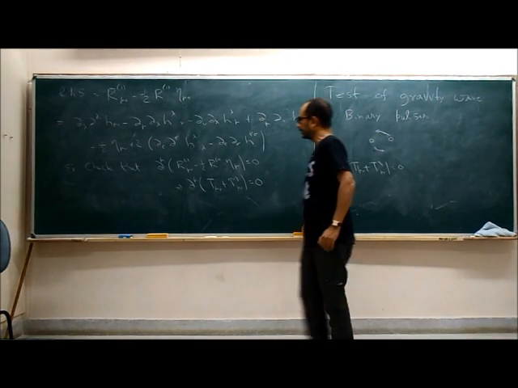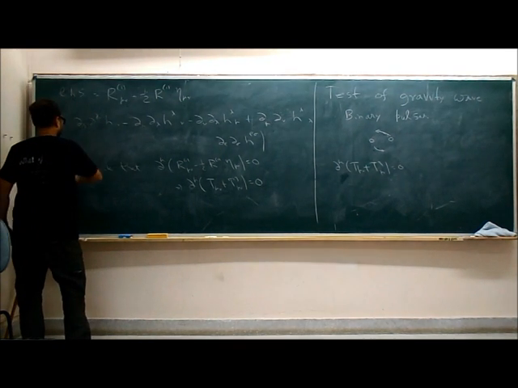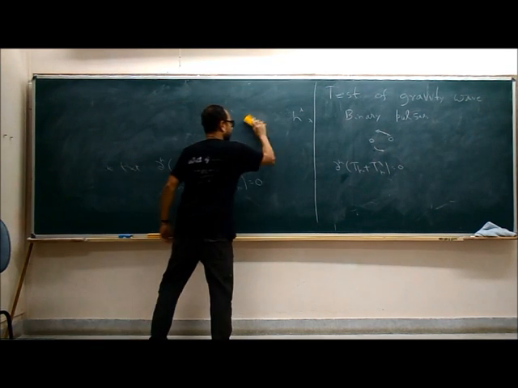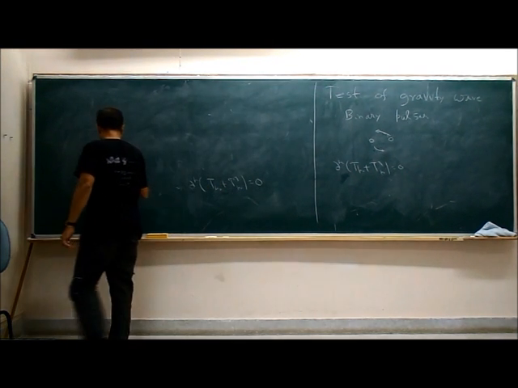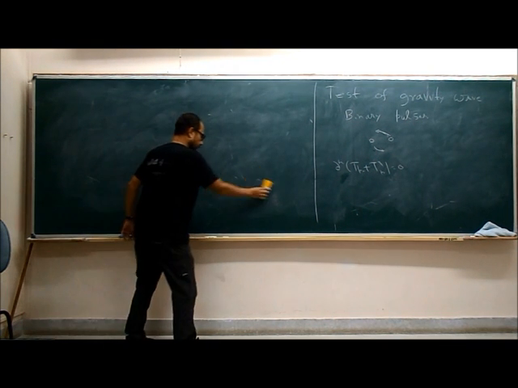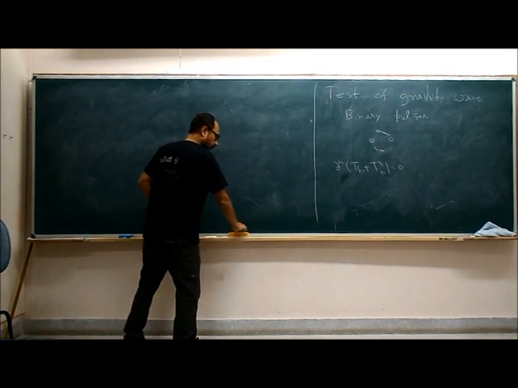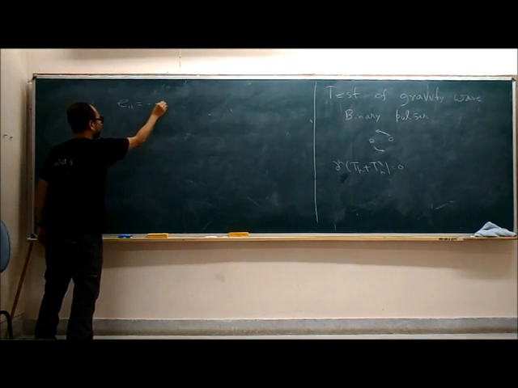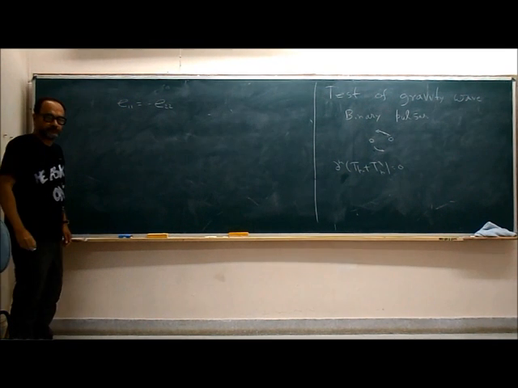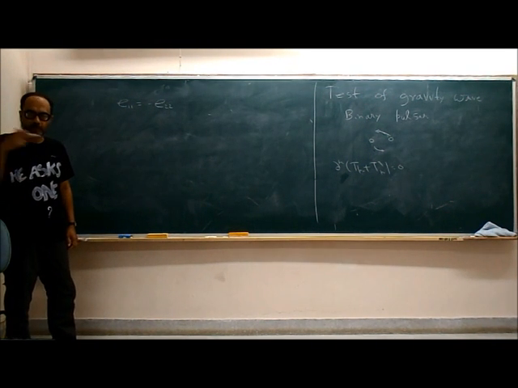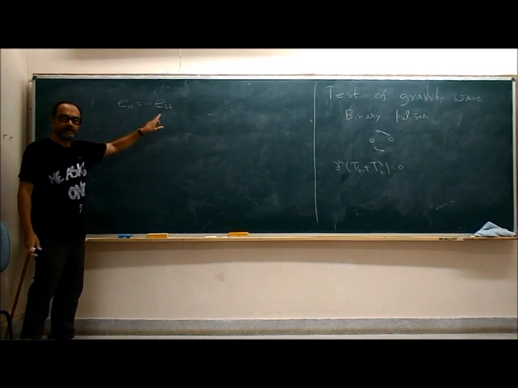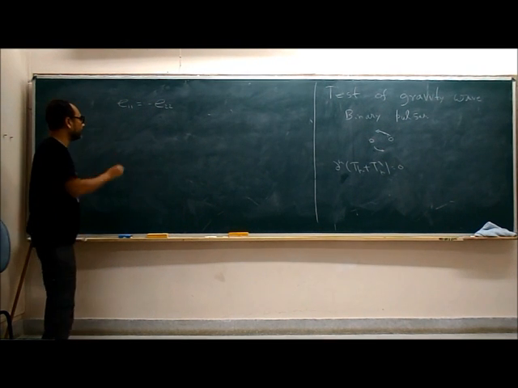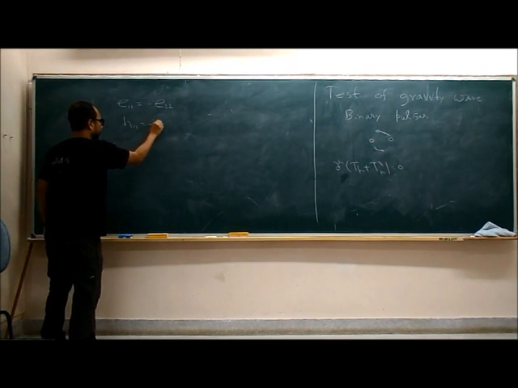So direct experiments. A direct experiment essentially uses the fact that E11 is equal to minus E22 for a gravity wave. If the gravity wave is propagating in the third direction, then E11 and E22 are opposite. That means H11 is equal to minus H22.